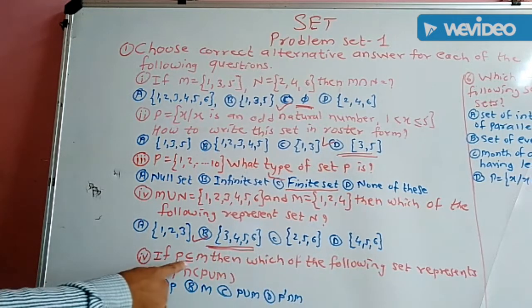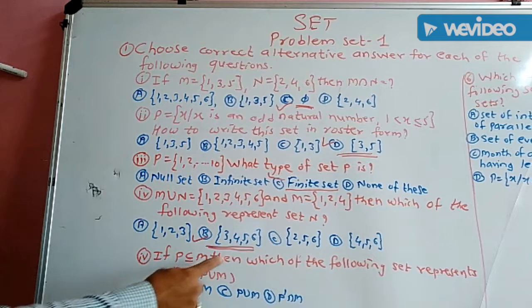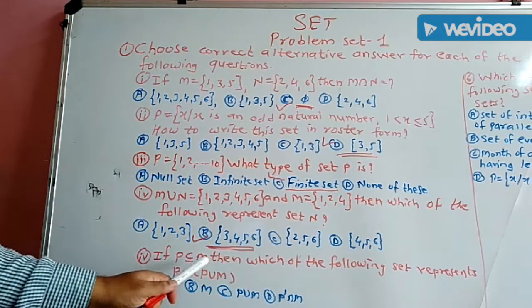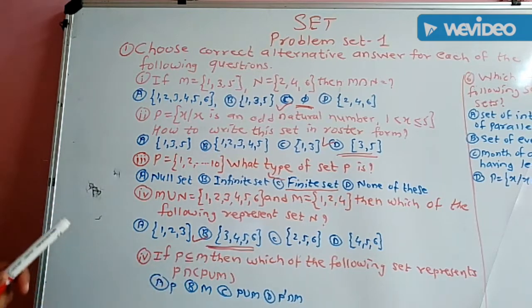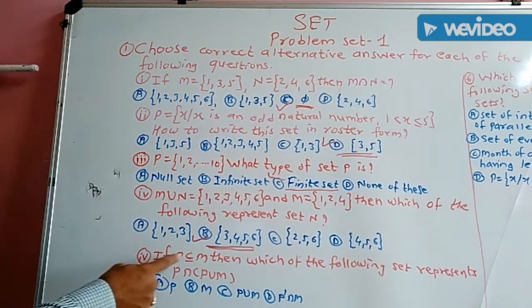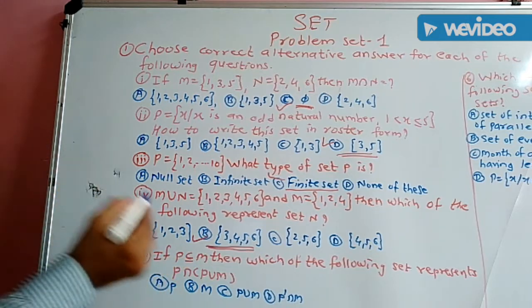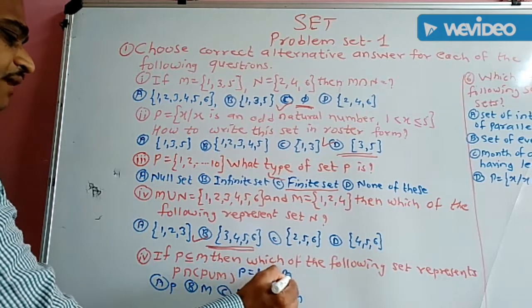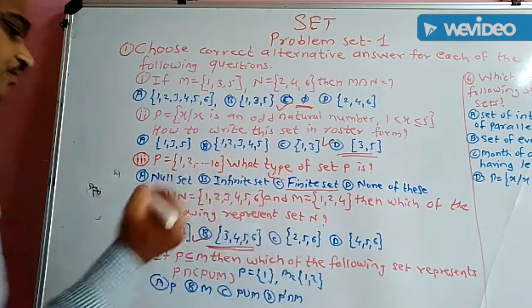Now, if P is a subset of M, then which of the following sets represents P intersection (P union M)? We are given P subset M. That means every element of set P is an element of M. For example, suppose P is the set {1} and M is the set {1, 2}.